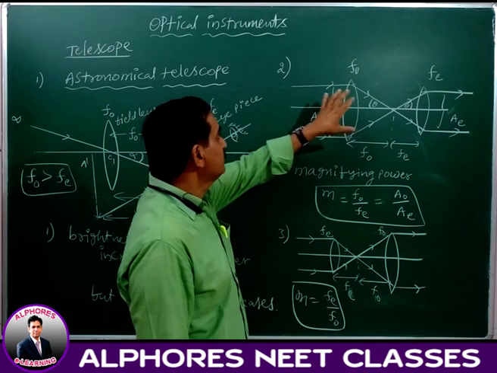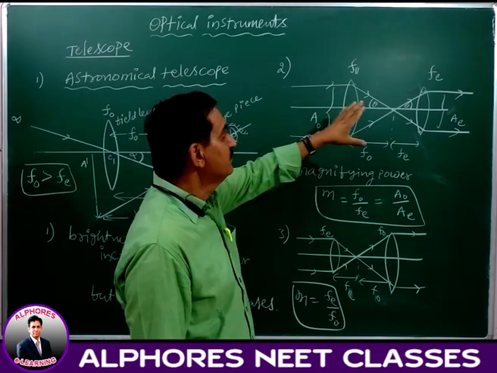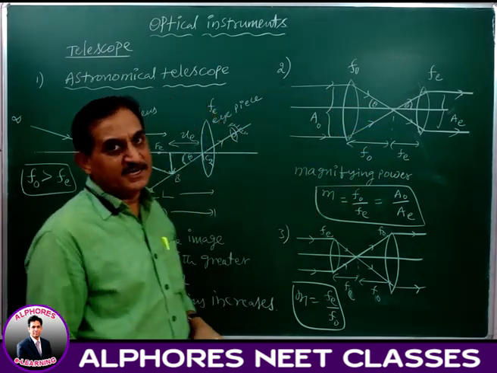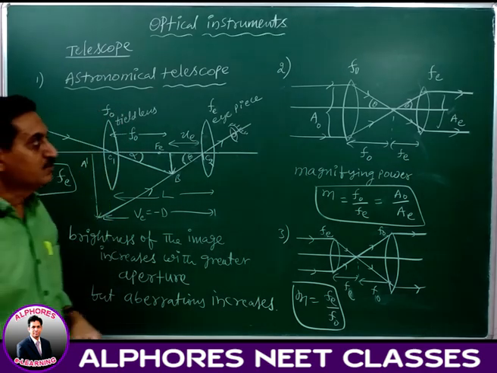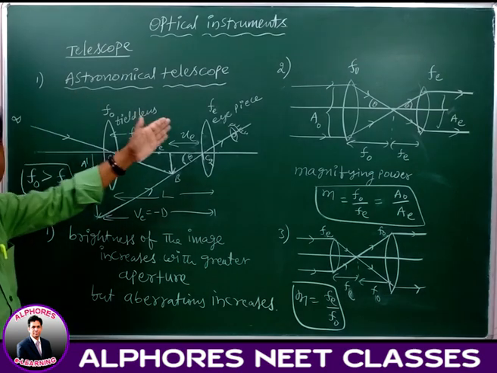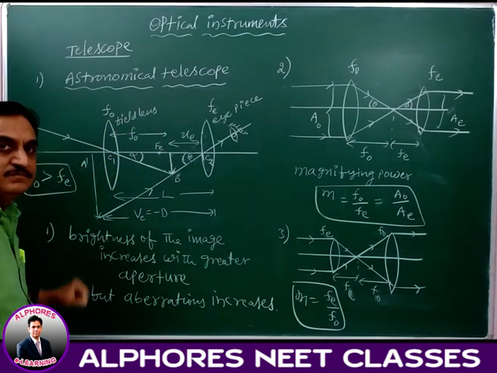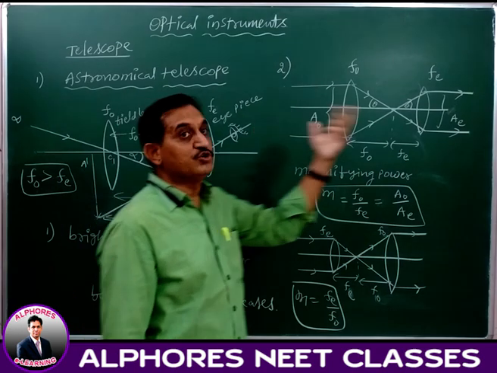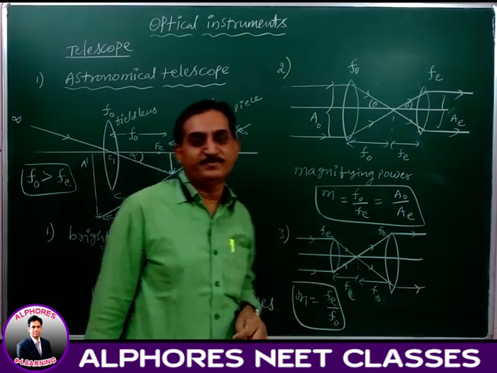In this case, when the image is formed at infinity by normal adjustment, the object is already at infinity because we are seeing heavenly bodies, and the final image goes to infinity by normal adjustment.